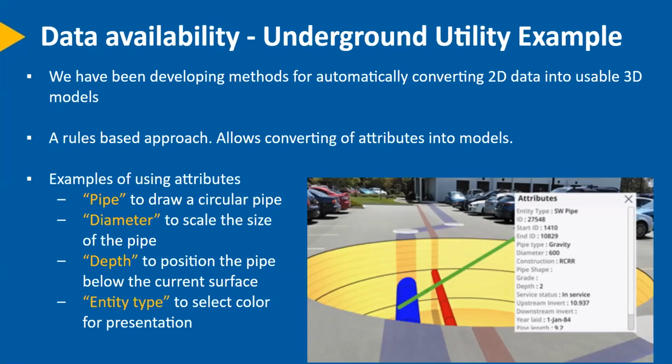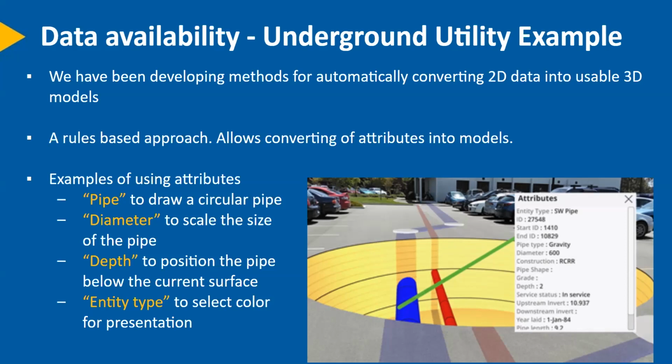And then, of course, we can have all kinds of other rules, things like gas pipes are represented in blue or water pipes are represented in red. Makes sense that it would be the other way around, but the idea here is that a lot of your 2D data needs to be translated into 3D models, and we can do that on the fly with something like SiteVision.